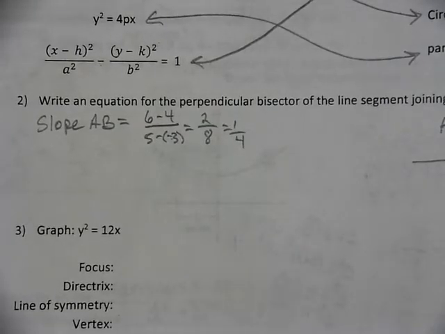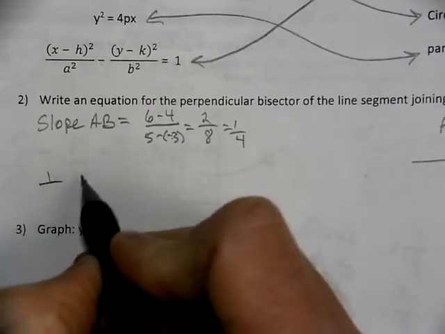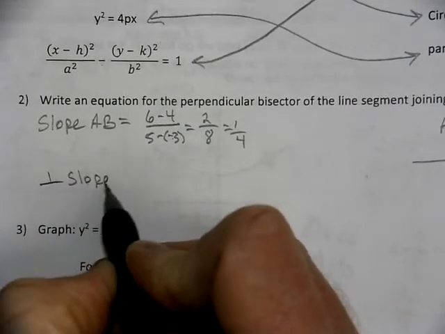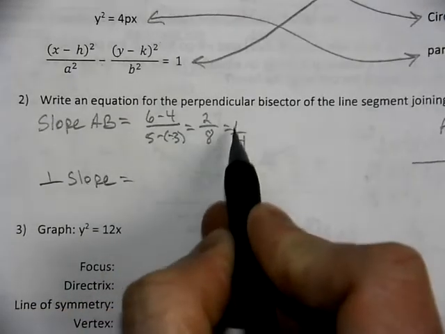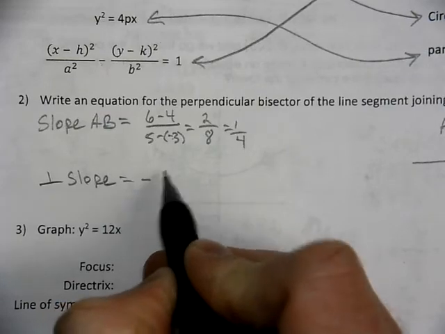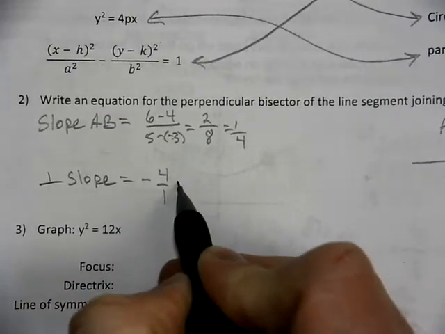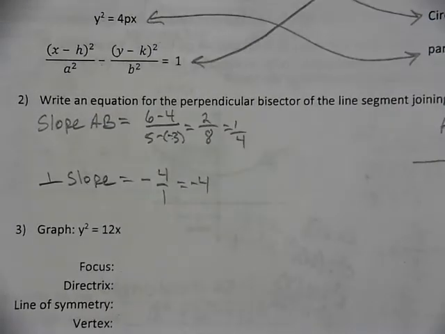That's the slope of AB. So the perpendicular slope is going to be the negative reciprocal. So it's positive currently, so it's -4/1. So we could call that -4.